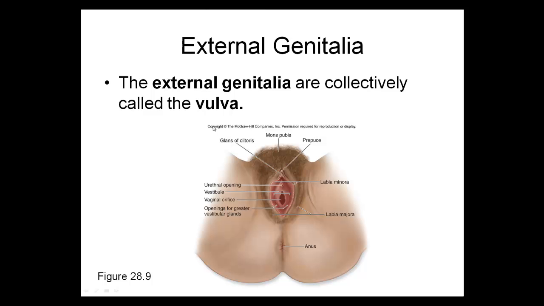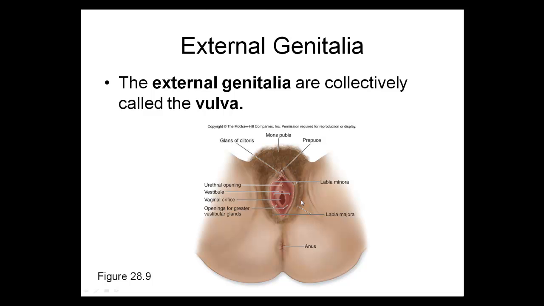We call the entire area, collectively, the vulva, and that will contain the mons pubis, which is really a pad of adipose tissue, and that is covered by skin, and the skin is covered by hair. And then we will talk about the labia majora and then the labia minora.